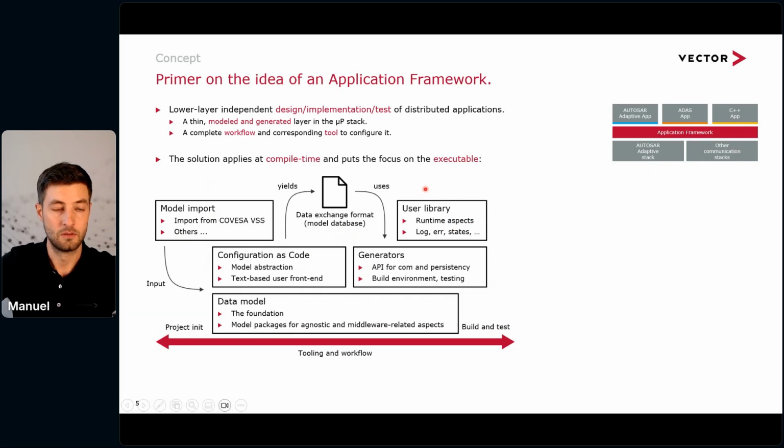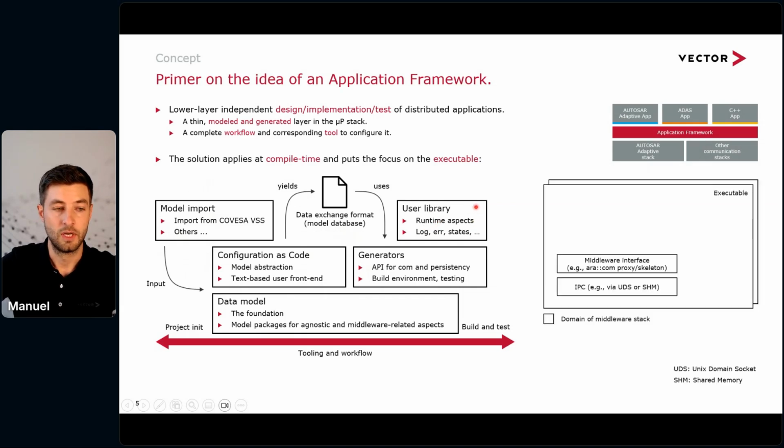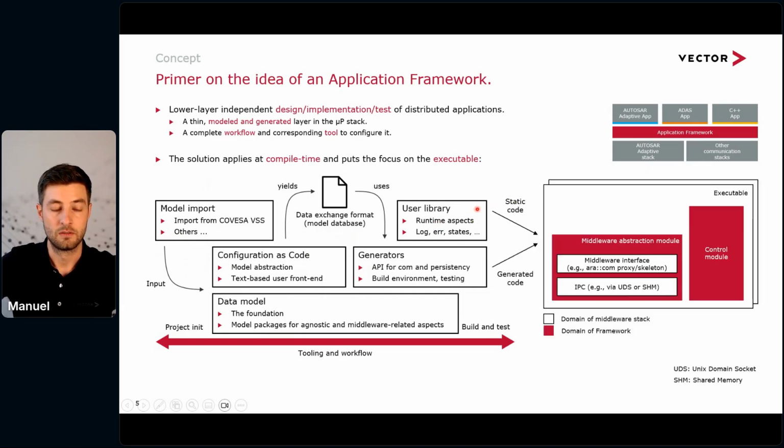Also, we have static code artifacts covering everything you could think of, executable level housekeeping code or boilerplate. So runtime aspects, instantiation of classes, logging, error handling, and state management. And together, those two pillars find their way into the final executable.